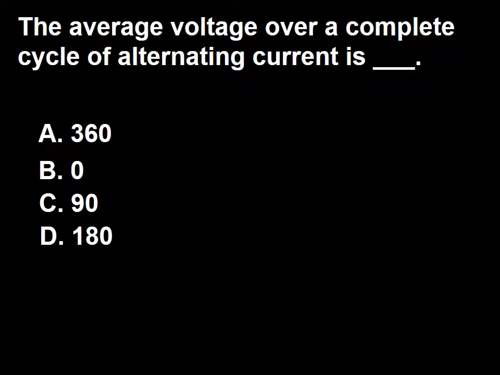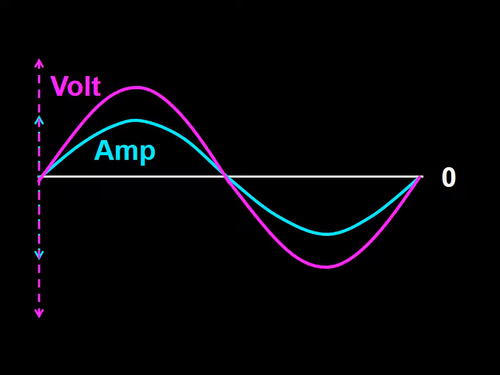The next question is, the average voltage over a complete cycle of alternating current is A, 360, B, 0, C, 90, D, 180. Similar explanation as we made for the value of a sine wave and for current can be made for voltage.